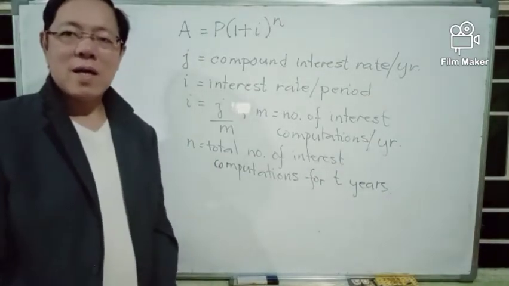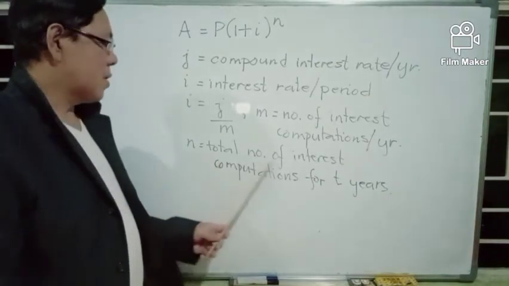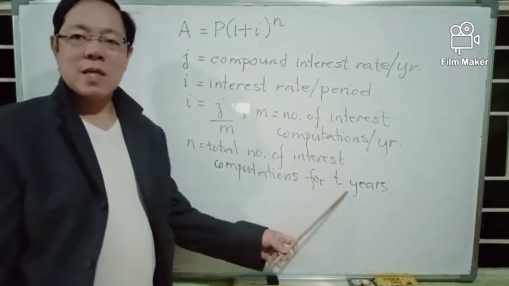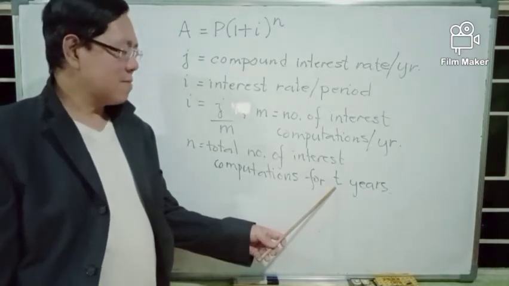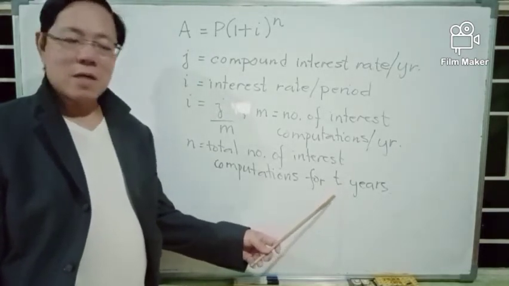Again, the small n is the total number of interest computations for T years. T is the period or length of investment, and T is in years.